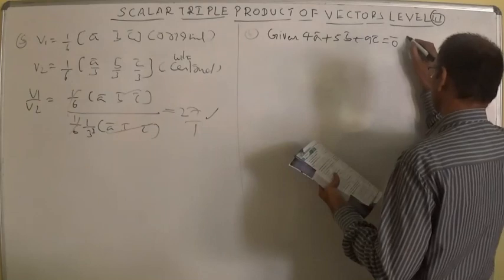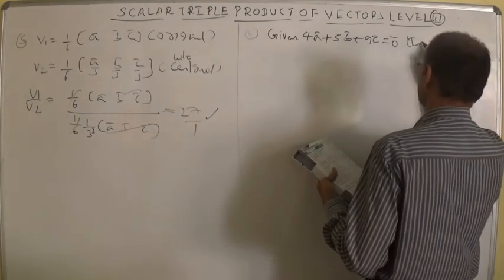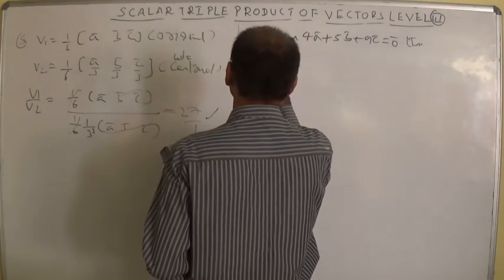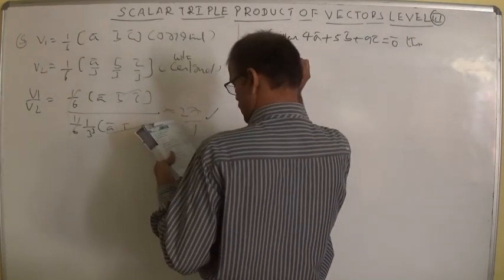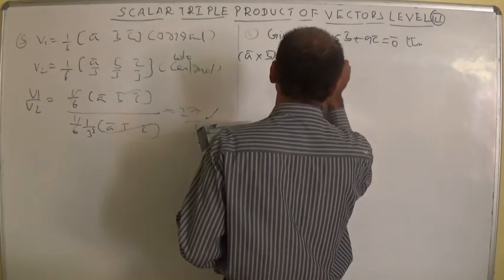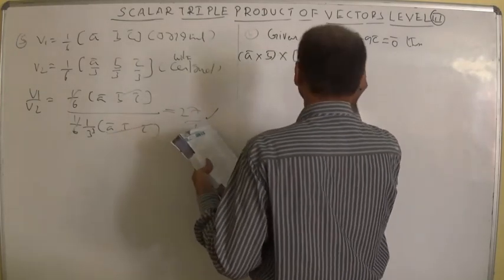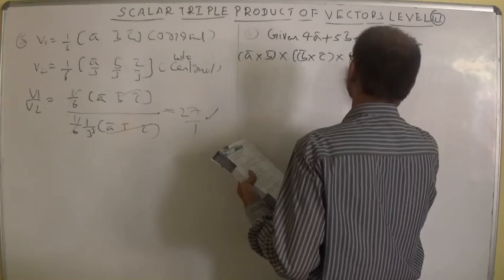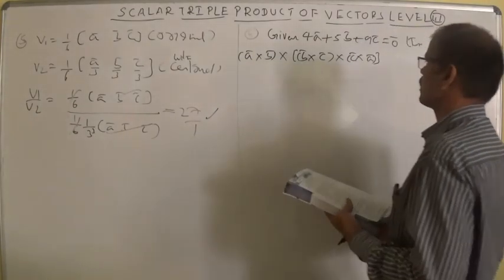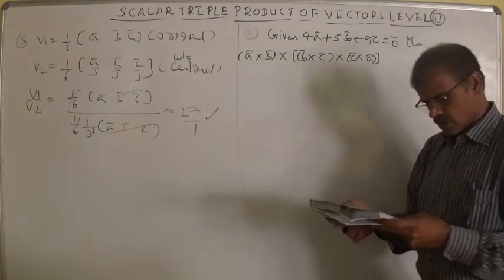Then a bar cross b bar, b bar cross c bar, c bar cross a bar, is equal to dash, the data he is asking.